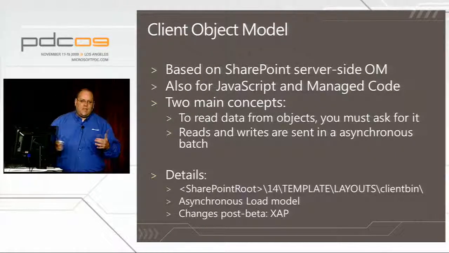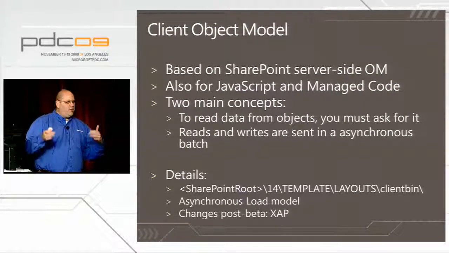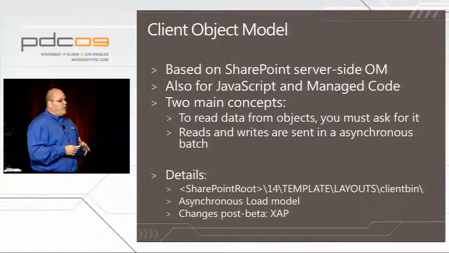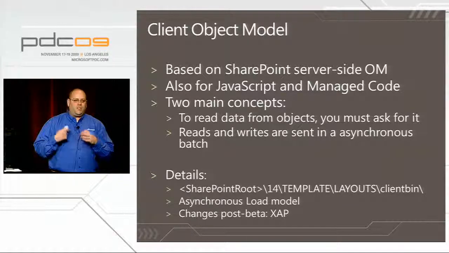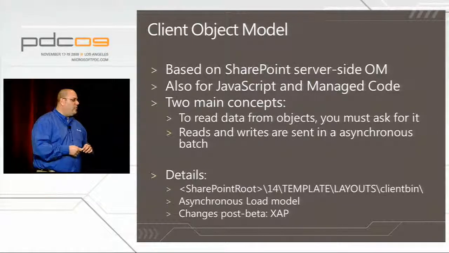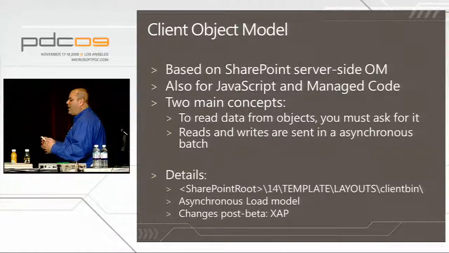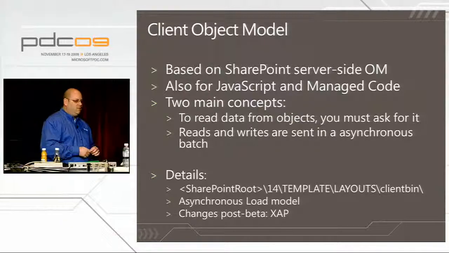And the code is the same, so once you see Mike's talk later this morning, you'll see that once you learn it once, the code's the same, because in essence, these object models are auto-generated from the server object model. Just like you would generate a COM callable wrapper by adding a COM object to your class, or adding a web service reference generates a proxy, the proxy just happens to be a callback to SharePoint.